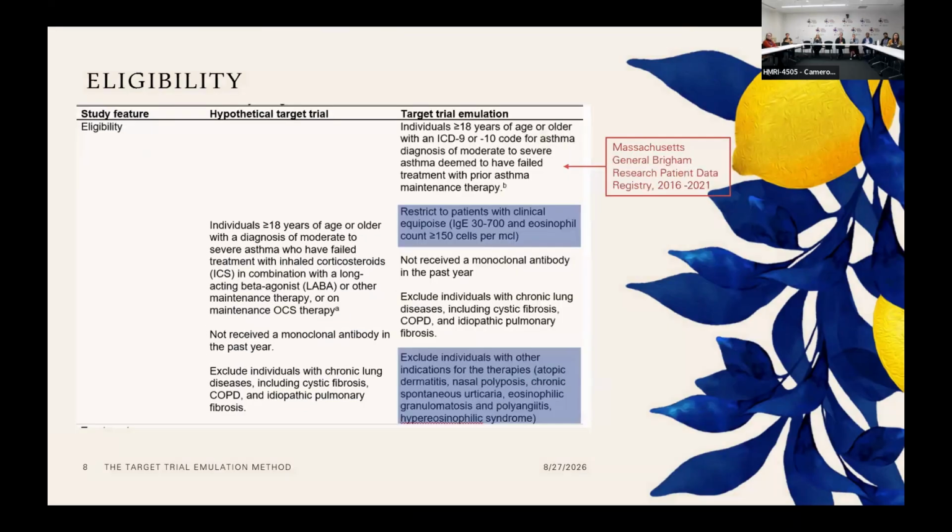So then to emulate that, what they did is they said, okay, we're going to keep this bit exactly the same as this. That's who we're getting, 18-year-olds. They have to meet these criteria. And they took them from this data registry that they had already. And then they restricted to patients with clinical equipoise, and eosinophil count.